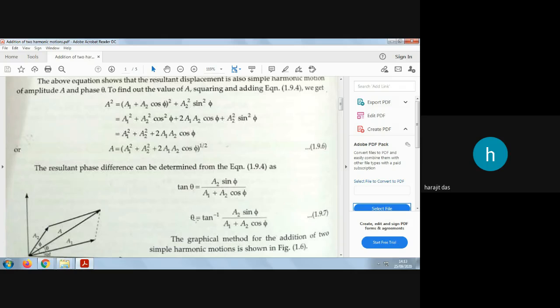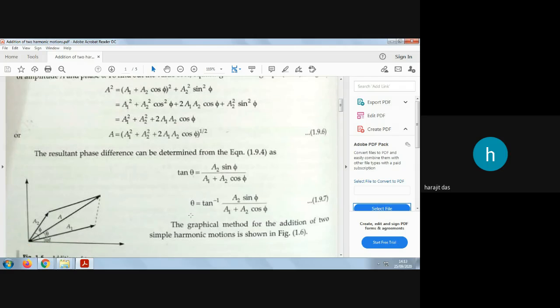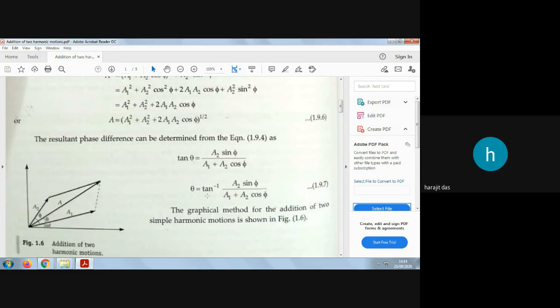Okay, so this angle is the angle which the resultant motion, or resultant vector, or resultant vibratory motion, makes with the reference line. Graphically, how can you show these vectors and find the resultant vector?